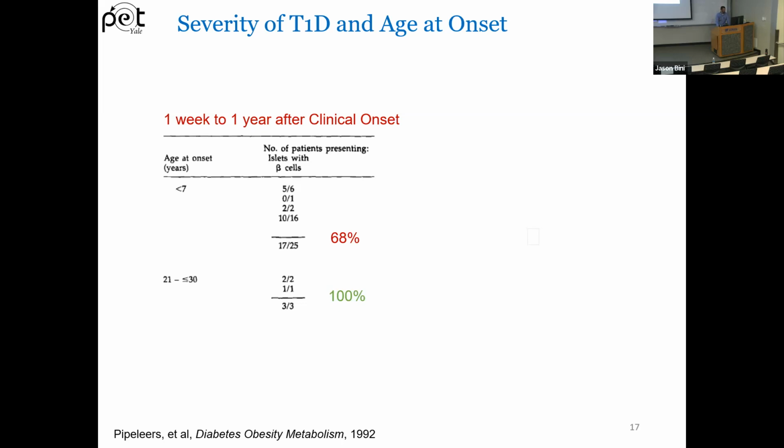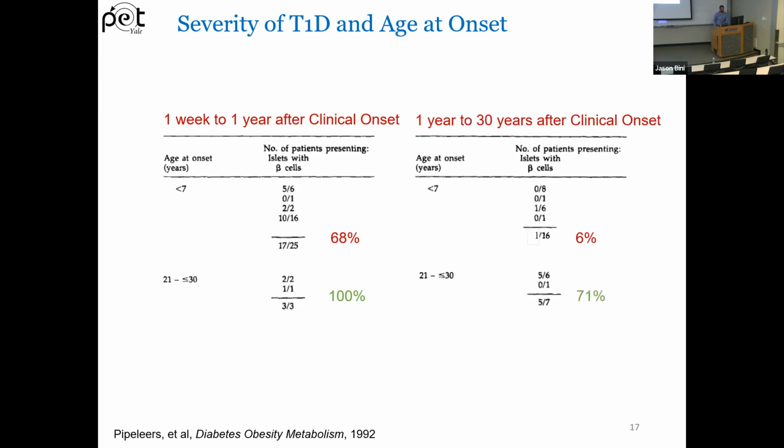This is a paper from a while ago, but it gives a nice indication: at age of onset 7 years old or less, already 68% of these subjects had beta cells in the islets. Whereas if they were diagnosed after 21, 100% of them had islets with beta cells. Following them up 1 to 30 years later, only 6% still had those islets, whereas 71% of the older cohort still had functional islets.